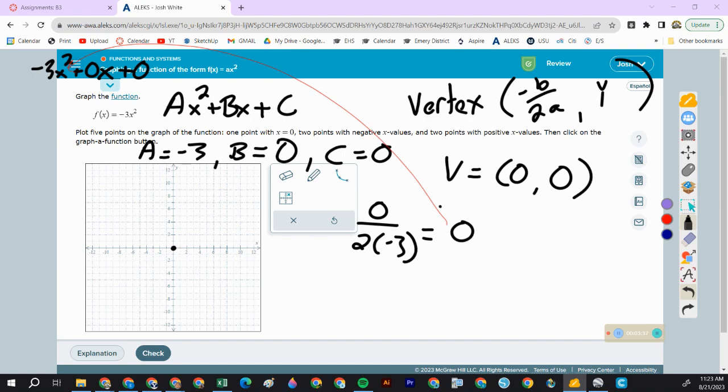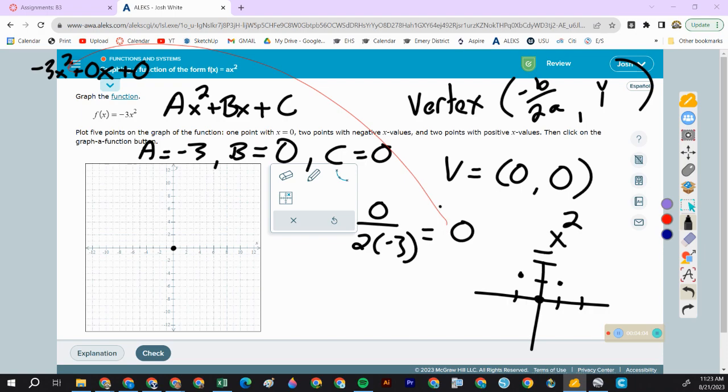Now, once we know the center, there are 2 ways to graph it. A normal quadratic, x squared, has this pattern. Over 1, up 1, over 1, up 1, and then over 2, up 4. 1 squared is 1, 2 squared is 4.